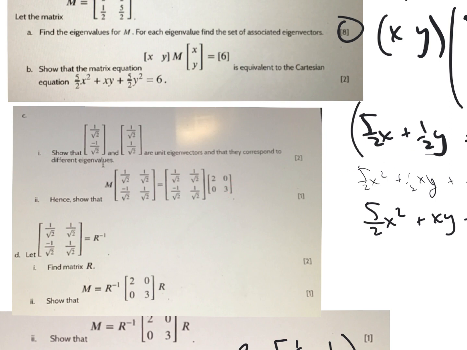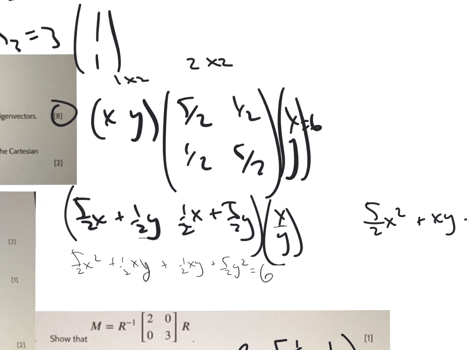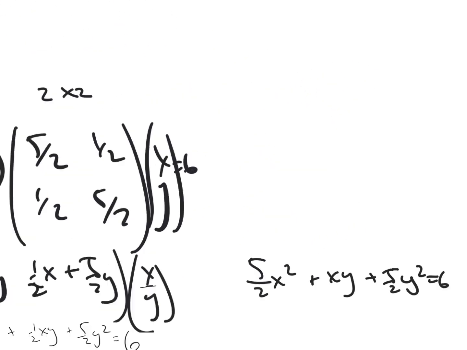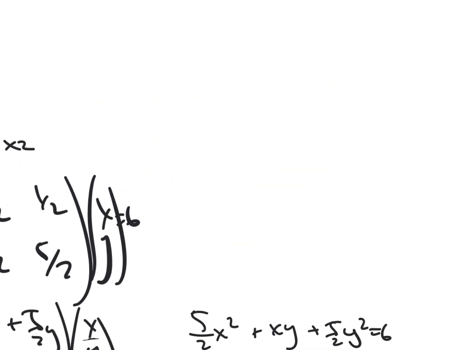And one of the things that I know is true is that the definition of an eigenvalue is M times some vector is equal to the eigenvalue times that specific vector. If this relationship here is true, then I know that v1 and lambda 1, this is the eigenvalue for this particular eigenvector.